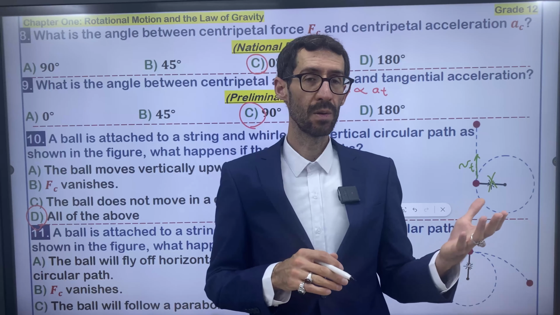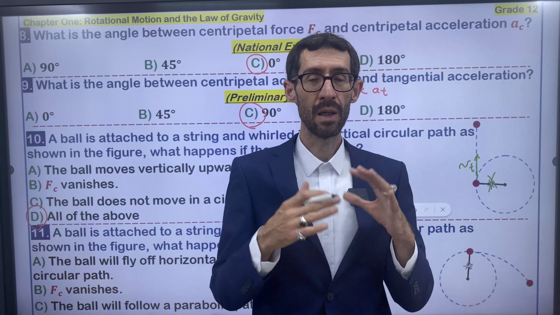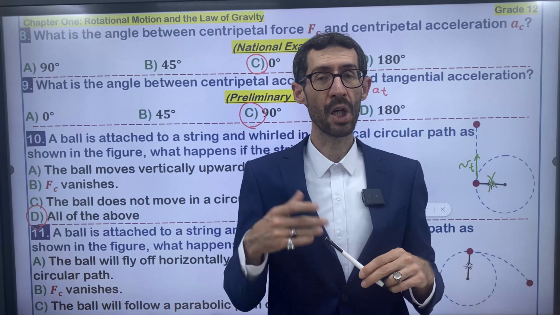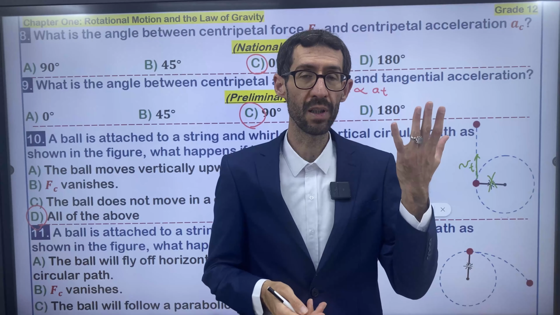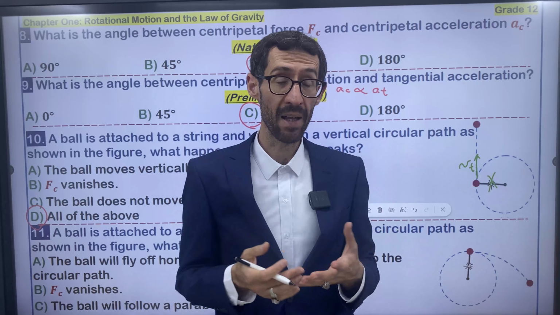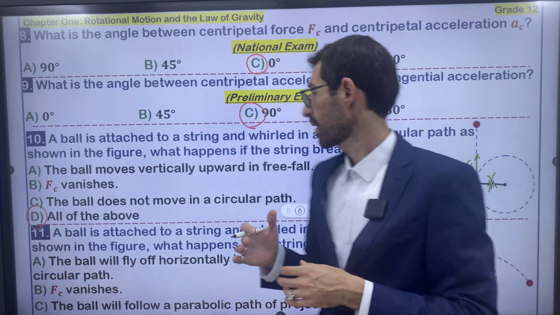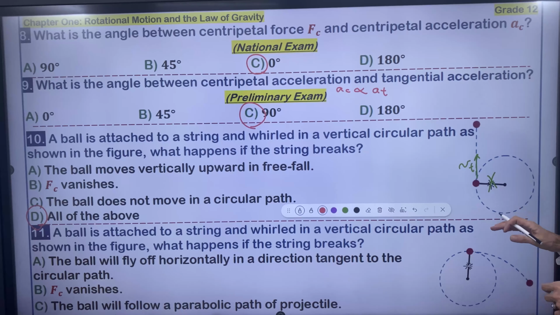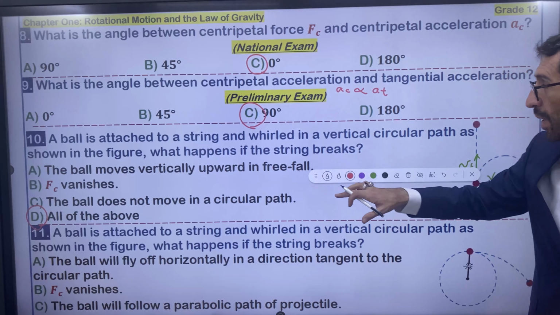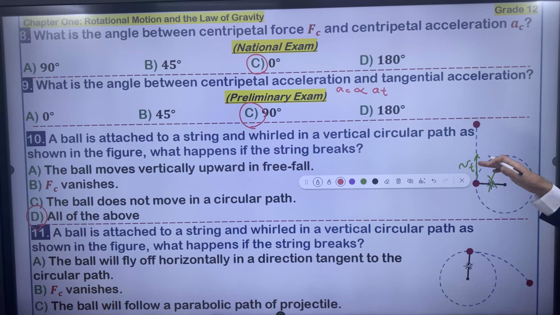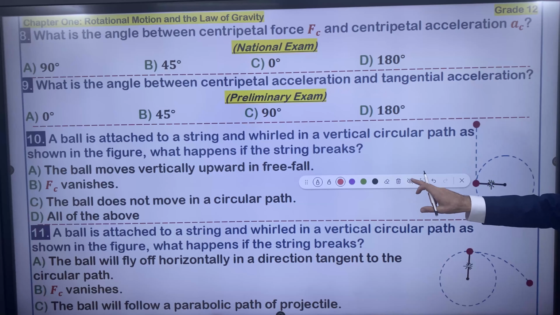When FC becomes zero, the inertia of the ball controls the situation and gives the ball tangential velocity, and it moves in a straight path and does not follow the circular track anymore. This question talks about this phenomenon. We discussed it.